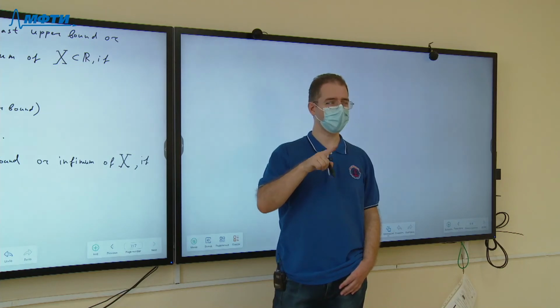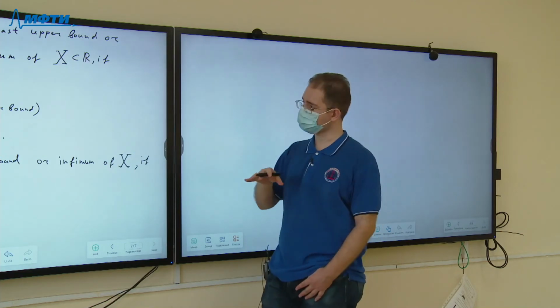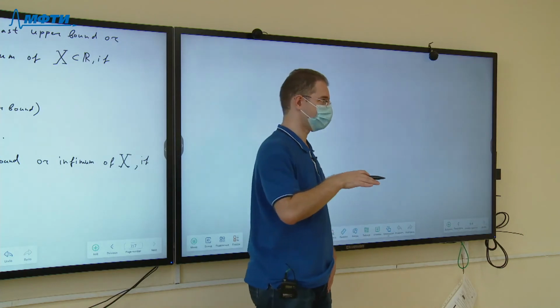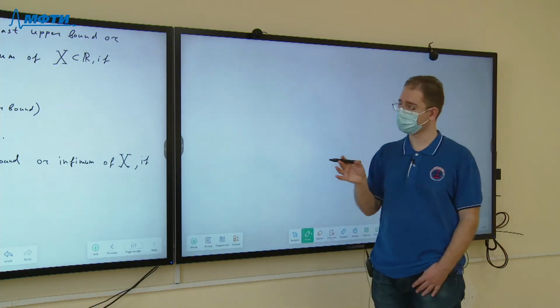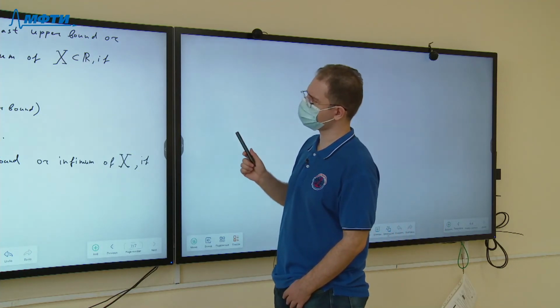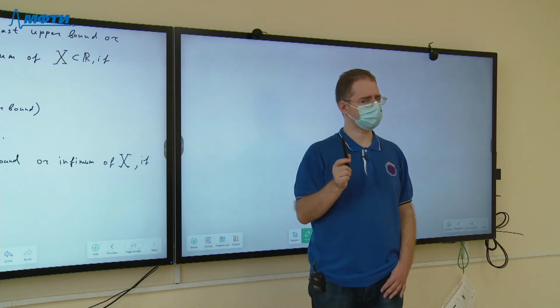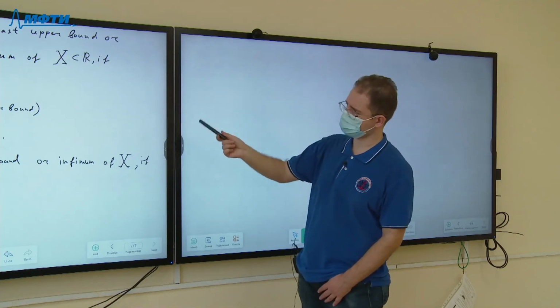We can also extend those definitions to the extended real line. Not all of those definitions. The interesting point would be about bounds, upper bound, lower bound, and exact bounds.